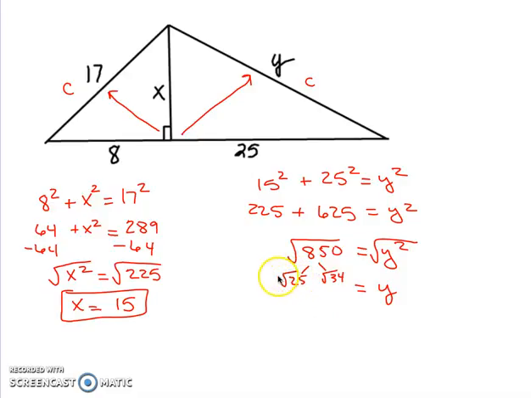The square root of 25 is 5, and the square root of 34 cannot be broken down, so our answer would be 5 times square root of 34. So that's what we would give for our answer.